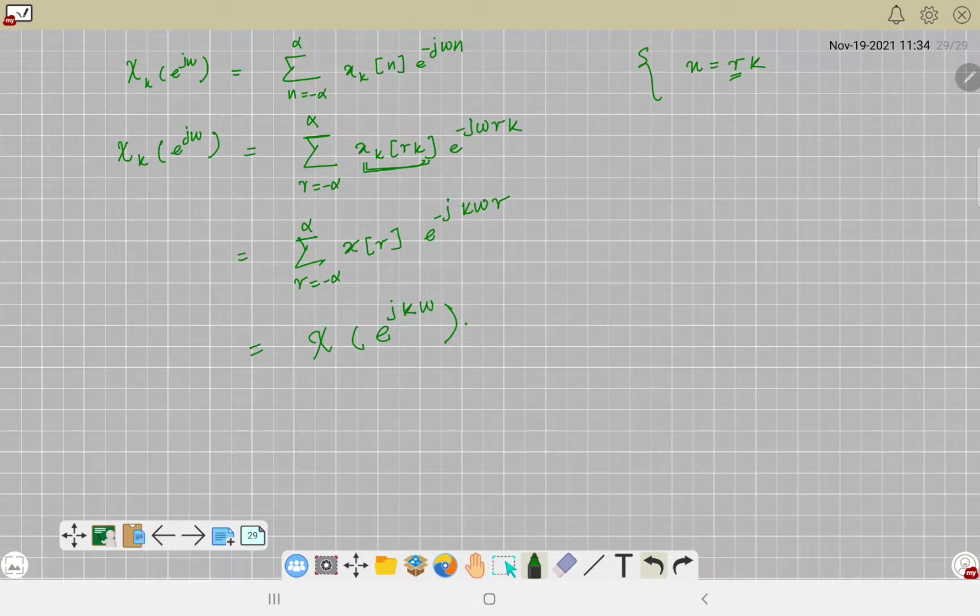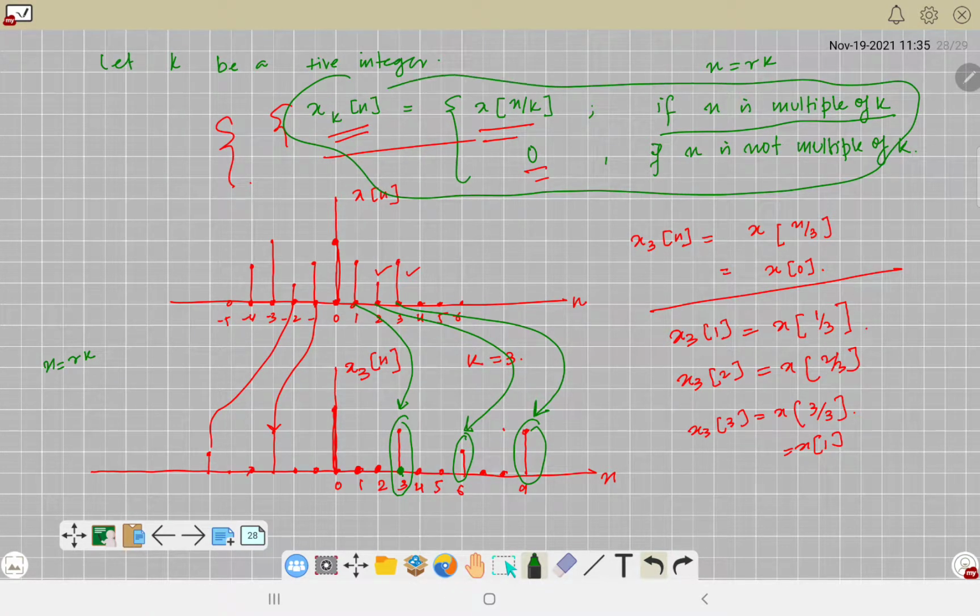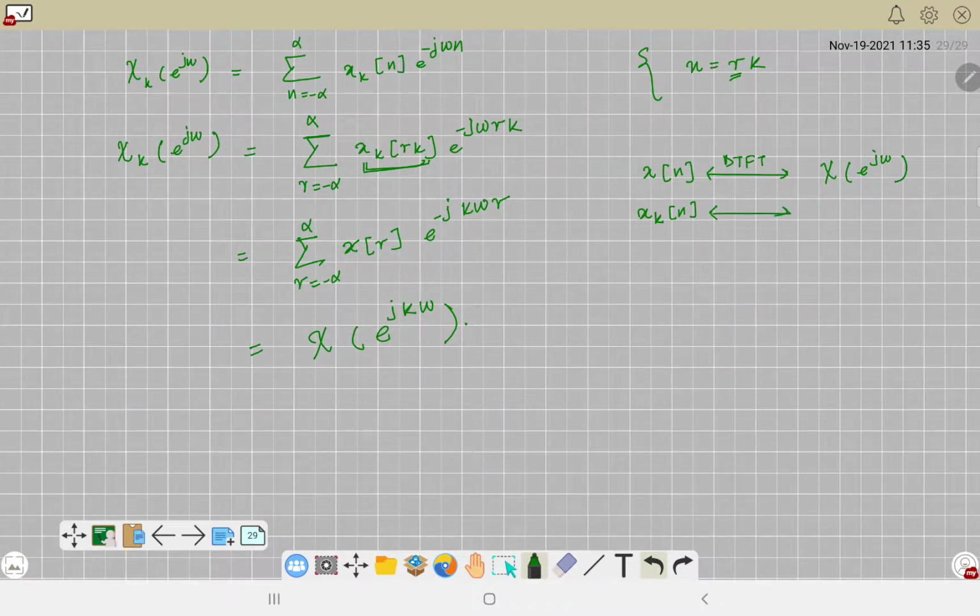So our property is something like this: if x[n] has a discrete time Fourier transform X(e^{jω}), then if you define a time scaled version of this signal, in the way we define it here, which is important, not the normal way, then its discrete time Fourier transform will be X(e^{jkω}).